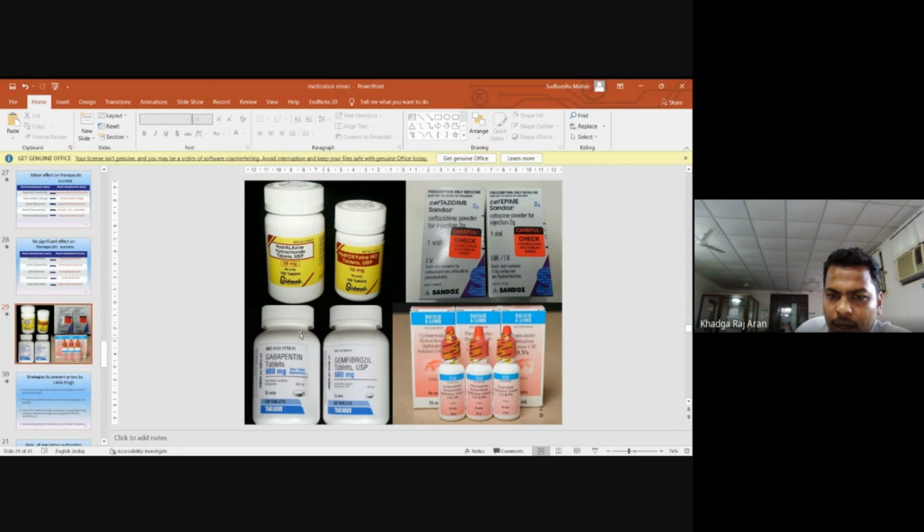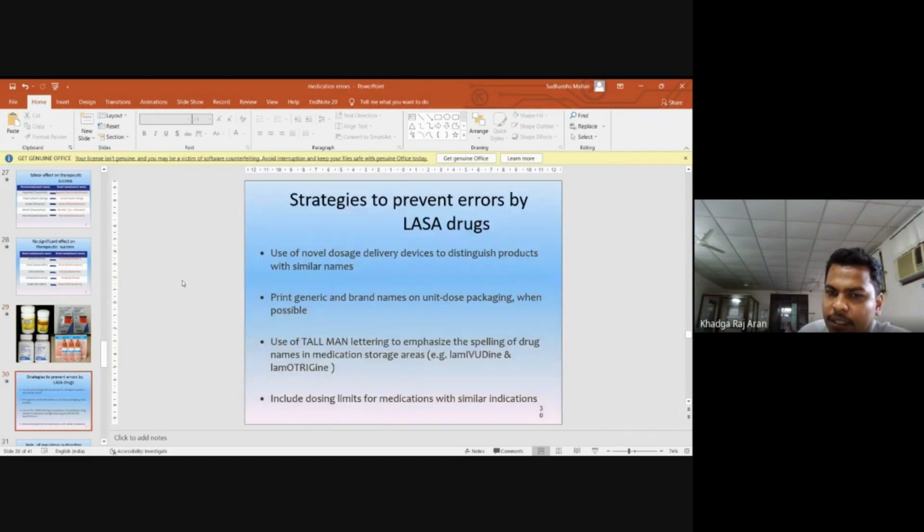In the diagram you can also see some medication errors, like gabapentin tablet or other types of medicines. This is due to the common, similar label you can see. So this may lead to medication error in the patient.